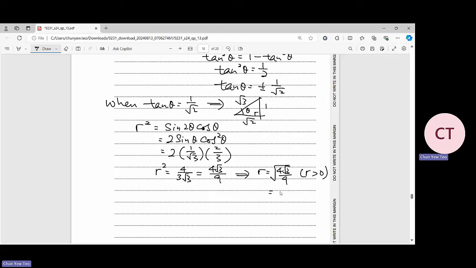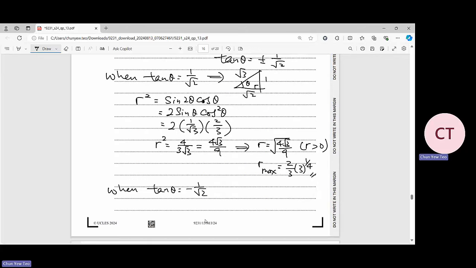Or you can simplify them to become your Rmax. Still can simplify further: 2 over 3 of 3 power 1 over 4. That is your Rmax. Now what about tangent theta equal to negative 1 over root 2?